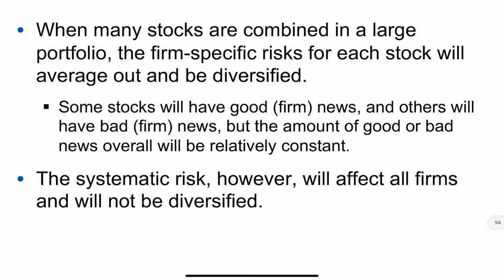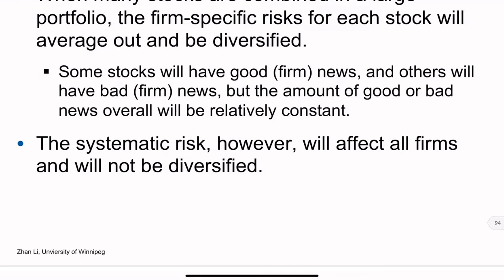So to summarize, if you combine a lot of stocks in a portfolio, firm-specific risks can be diversified away because good news and bad news can cancel out. Systematic risks cannot be diversified away.